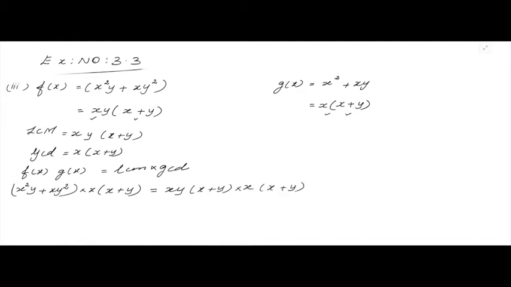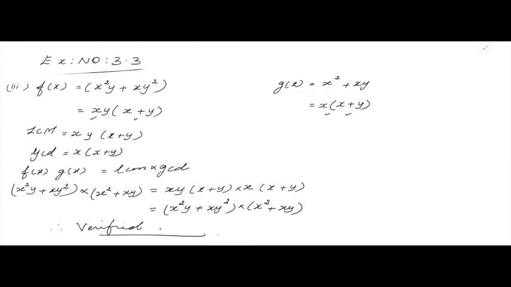Right. So how can you write this? You multiply this inside, you will get x square y plus xy square into x square plus xy. Are you getting the same as your left hand side? You will get the same. If you get something else, then you are wrong. Okay. Therefore it is verified. Right. We will move to the next one.